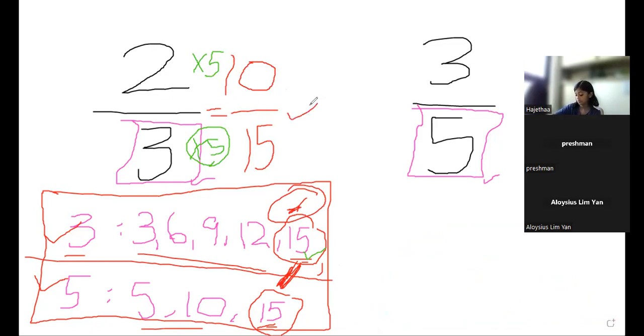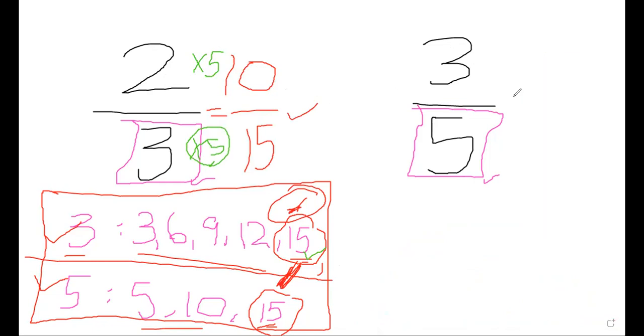This is equivalent fractions. Do the same for 3 over 5. So how does 5 also become 15? Look, 5, 10, 15. I must times 3. And what I do at the bottom, I also do at the top. So what is 3 times 3? 9.